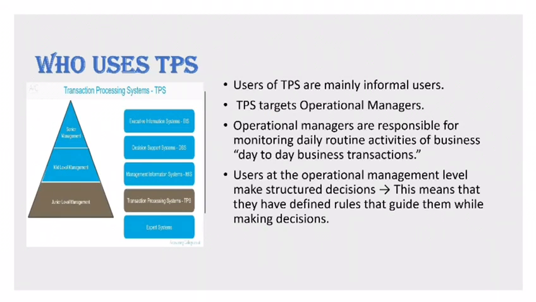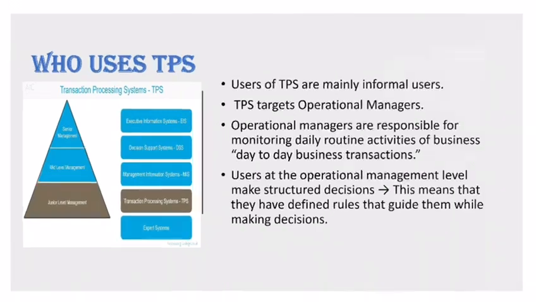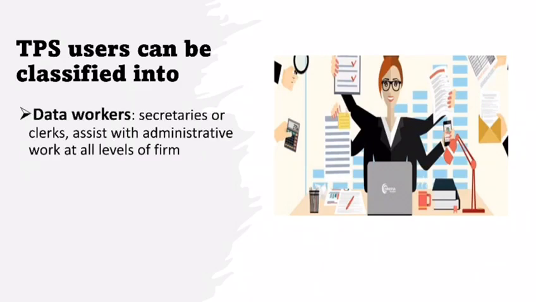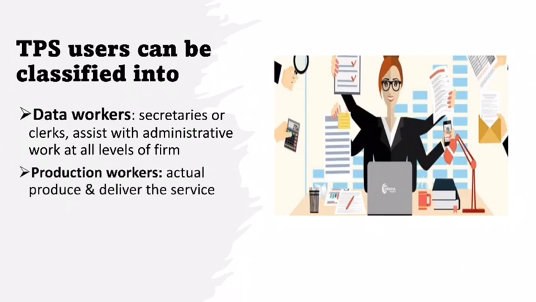This means they have defined rules that guide them for making decisions. TPS users, who are operation managers, can be classified into data workers, which are secretaries or clerks who assist with the administrative work at all levels of the firm, or production workers who actually produce and deliver service.